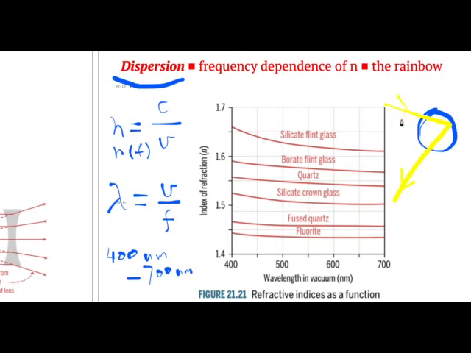So here's sunlight coming from the sun, going through this drop of water, reflecting off the back surface, because at every surface it reflects a little bit. At this surface there's some reflection and some refraction. At this surface there's some reflection and some refraction. Whenever there's reflection, there's the law of equal angles. Whenever there's refraction, there's Snell's law. Those angles that come out of Snell's law depend on the index of refraction. And the index of refraction varies with the color.